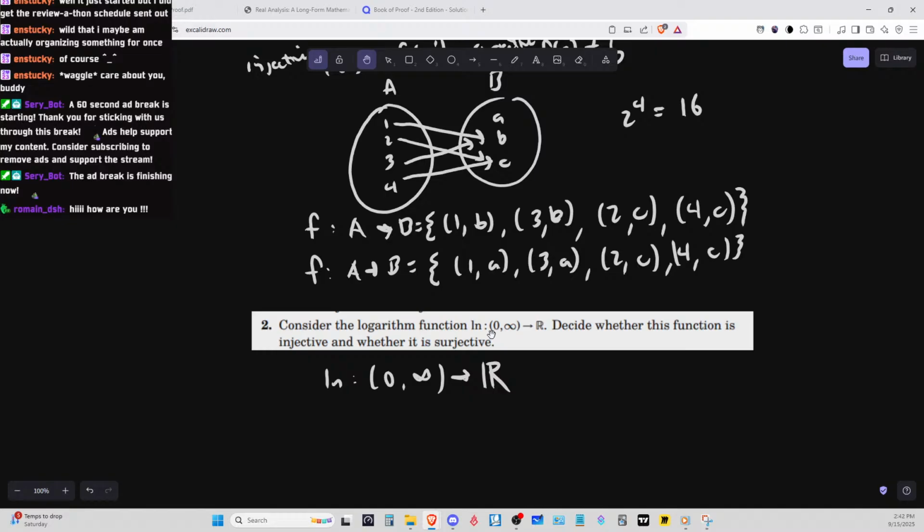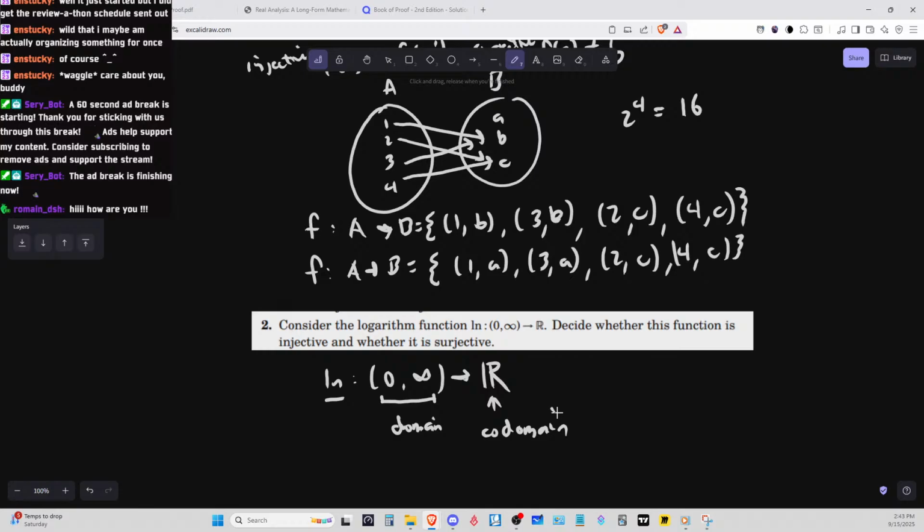The natural log is the function, so let's break it down. This is the function part, this is probably the domain, and this is the codomain.